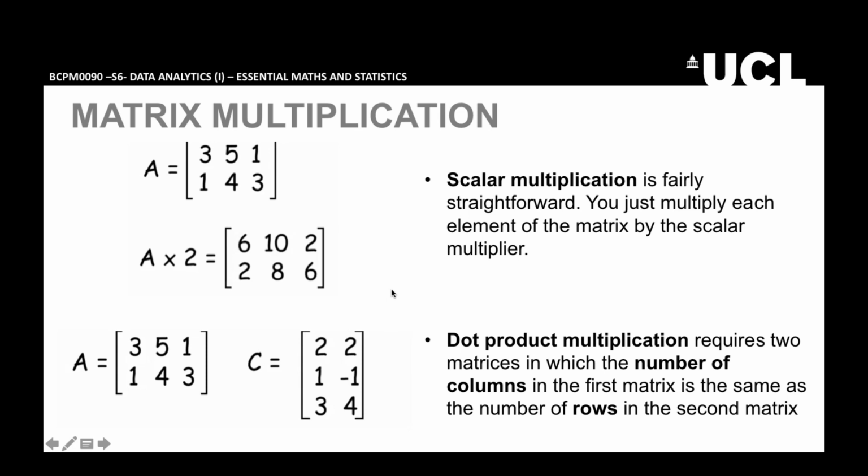Dot product multiplication is easy too, but it requires two matrices in which the number of columns in the first matrix is the same as the number of rows in the second matrix. So we can multiply A by C because the number of columns in A is 3 and the number of rows in C is also 3.